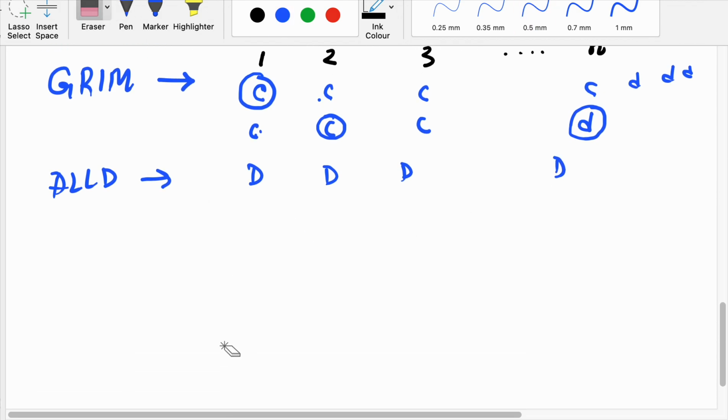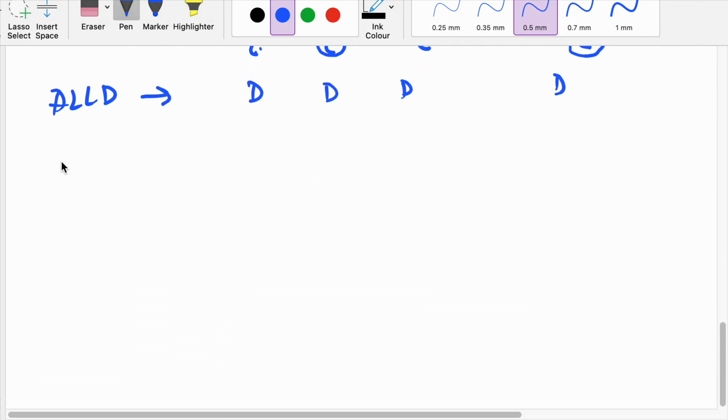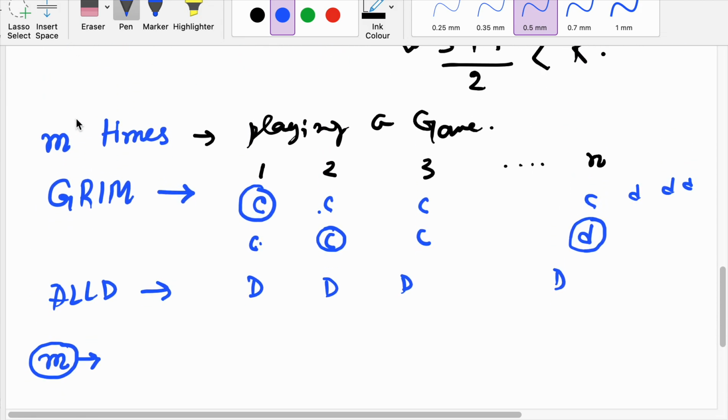Let's see. We want to find an m such that if we play the game m times, the Grim strategy will win, or be a Nash equilibrium, or be an ESS.